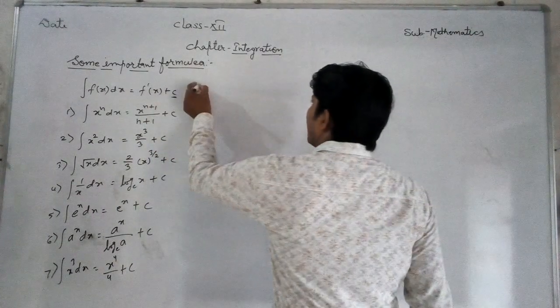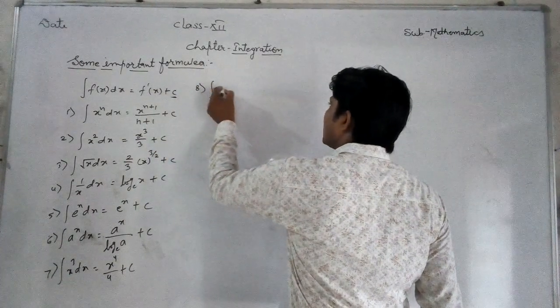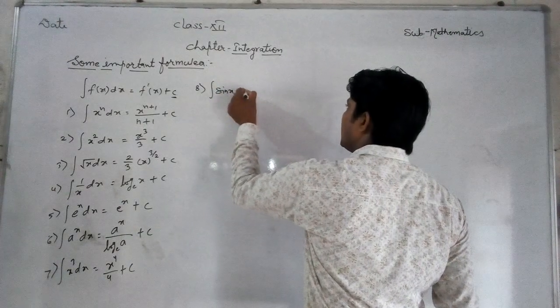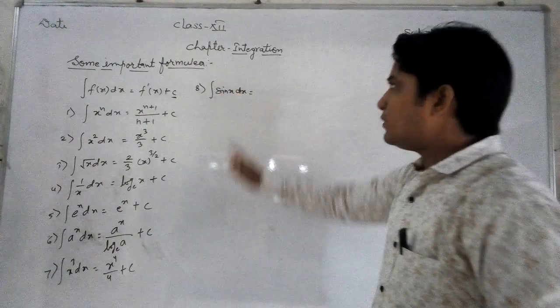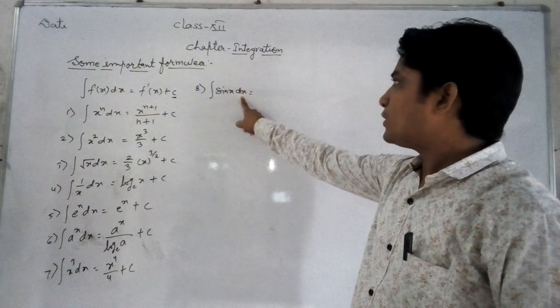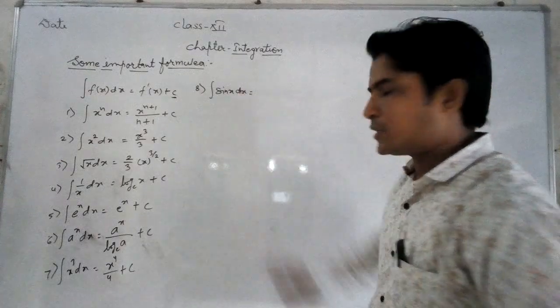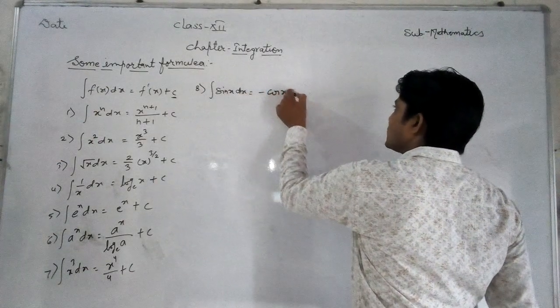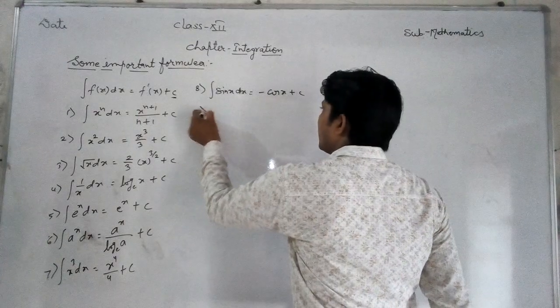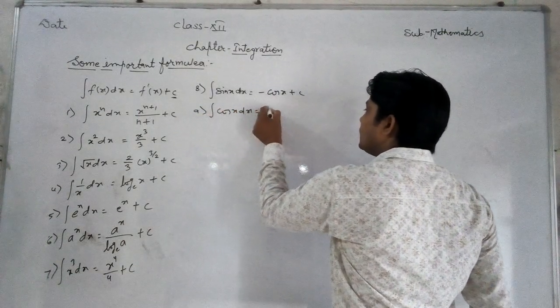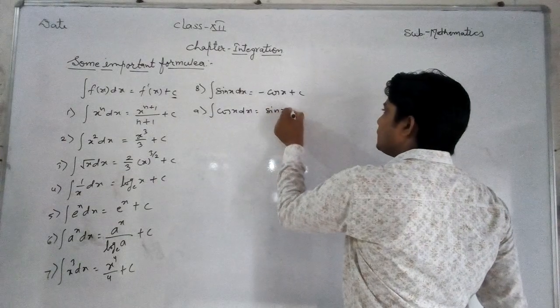In this series, the integral of sin x dx: because we integrate only with respect to x, the operator dx remains. Its integral is minus cos x plus c. The integral of cos x dx is sin x plus c.